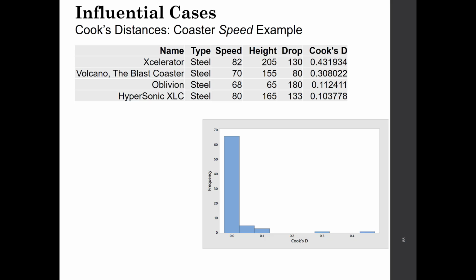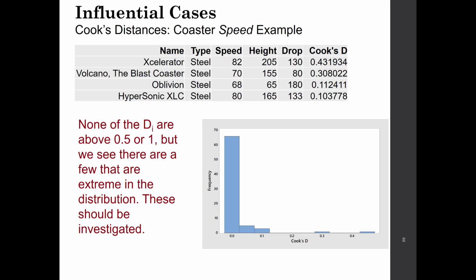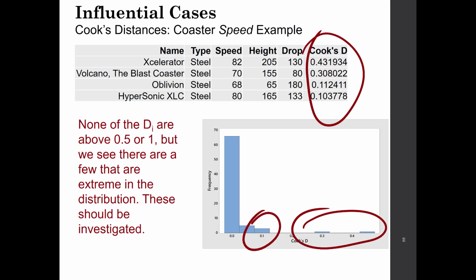I've also included a histogram of all the Cook's distances from all the roller coasters in this data set. You'll see that none of the Cook's D values is above 0.5 or 1, but we do see in the histogram that there are a few that are extreme in the distribution of distances. So these should be investigated.